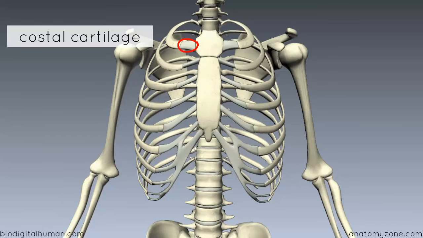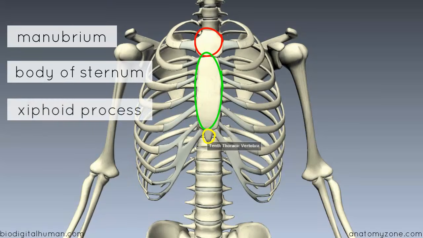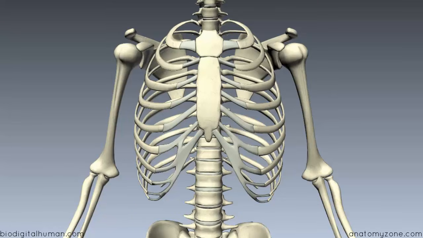So you've got these three elements to the sternum. You've got the manubrium of the sternum, the body of the sternum, and you've got the little xiphoid process at the end.